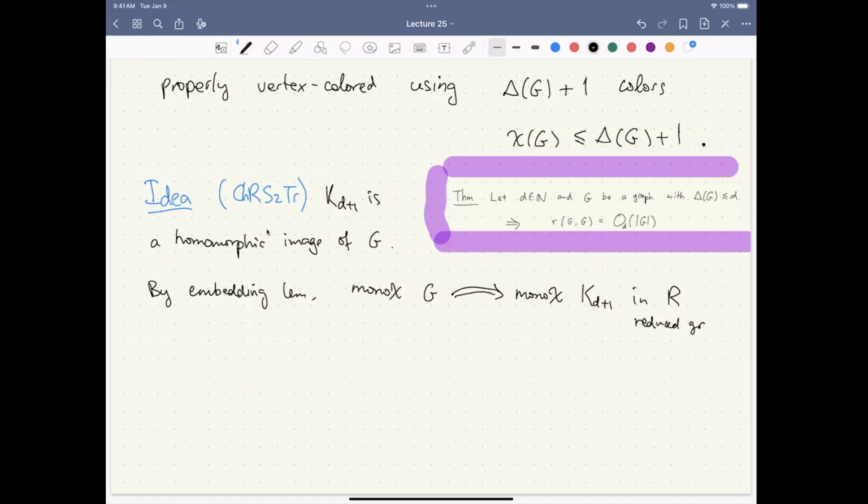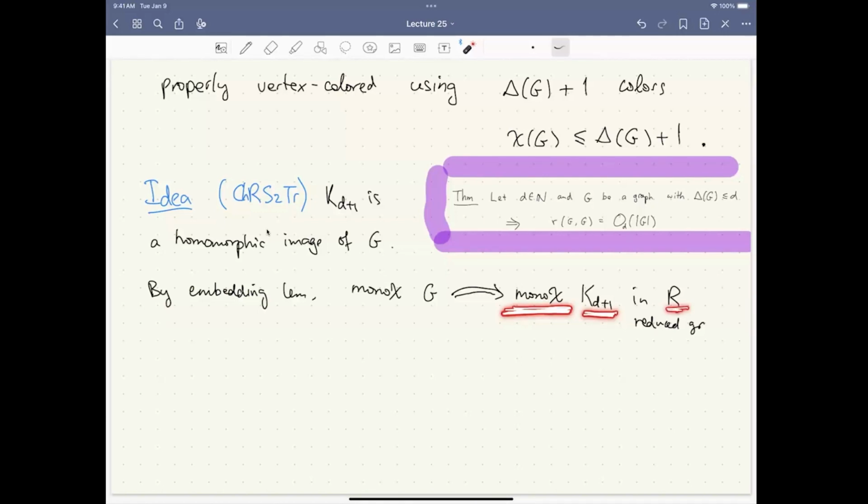Heuristically. So all we need to make rigorous is, what do we mean by a monochromatic copy of K_{D+1} in the reduced graph?